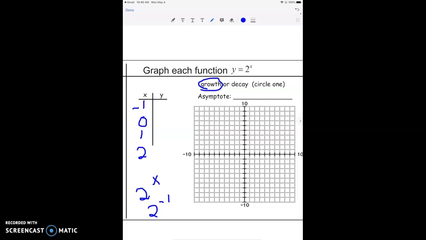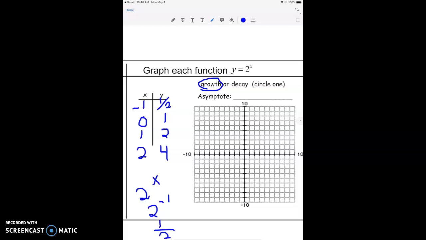Well, 2 to the -1, if we remember our rules, just says, hey, flip everything. So this is really just 1/2. That would make my y 1/2 or 0.5. When I put in 0, anything to the 0 power is 1. If you put in 1, you get 2, and 2, you get 4, right?